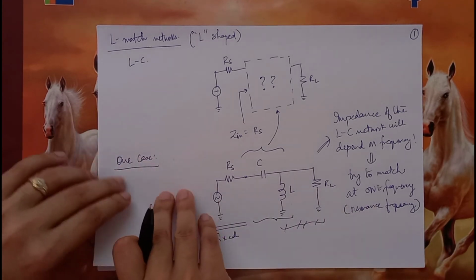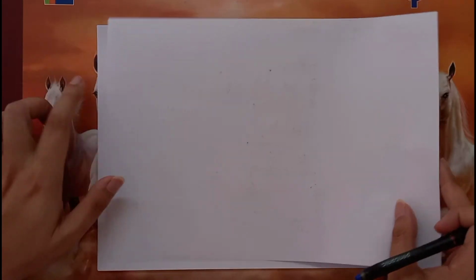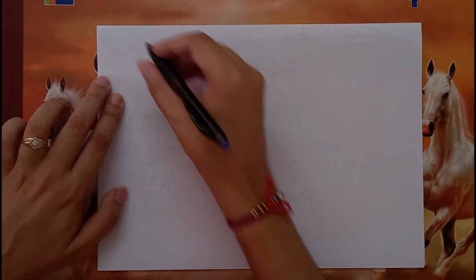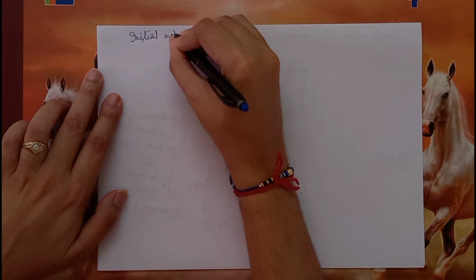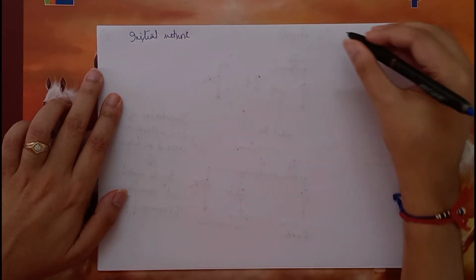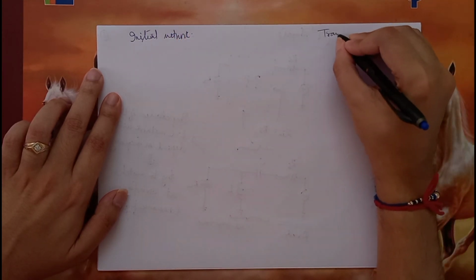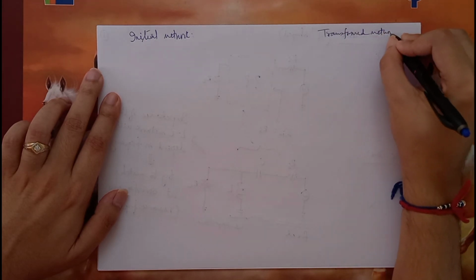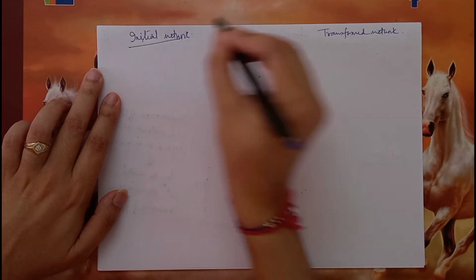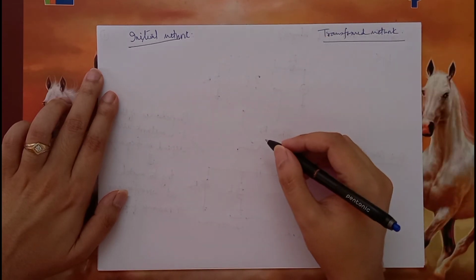So let's do that. We will say initial network and transformed network.